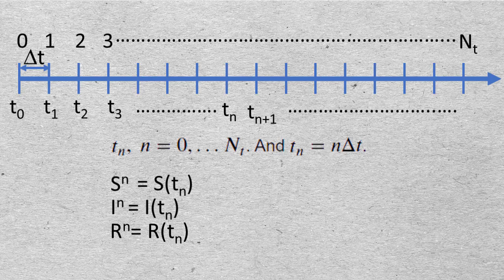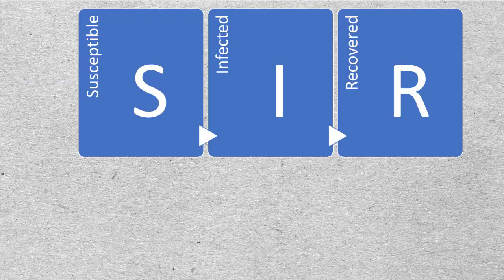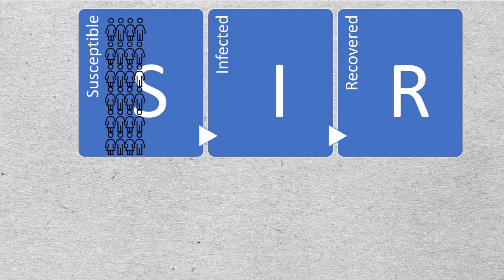Our model will numerically approximate the evolving values of S, I, and R at each time step. So let's begin to build that model. Initially, there are many individuals in the susceptible category, but only one infected person. That would be the so-called patient 0.